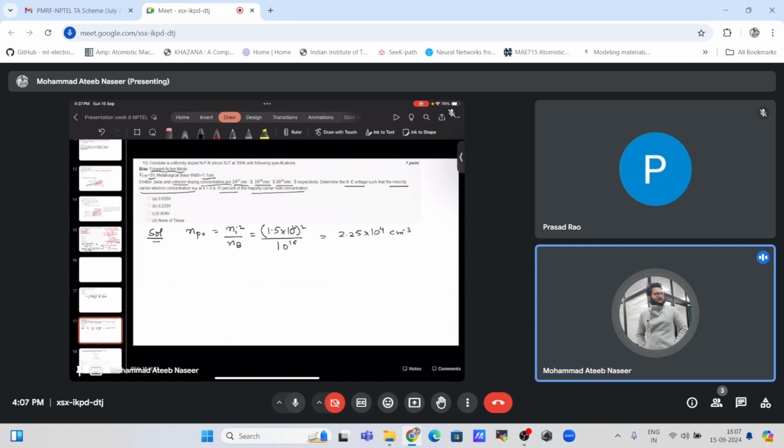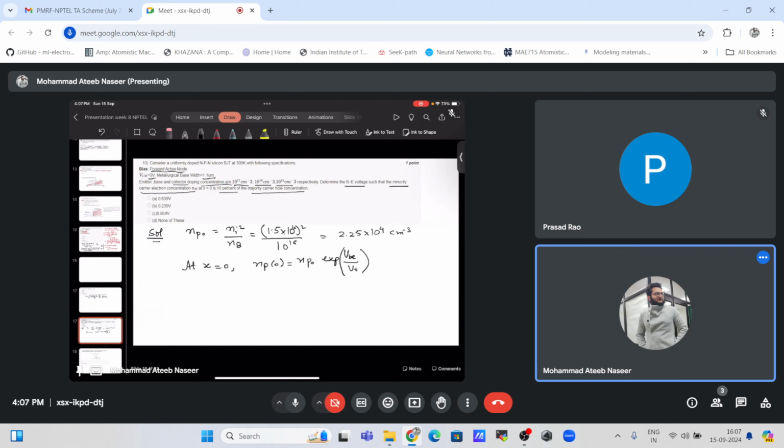So this is the minority carrier concentration of electrons on this p side. Now we have been given that at x equal to 0, np of 0 is np0 times exponential of vbe by vt, where vt is simply kt by q.